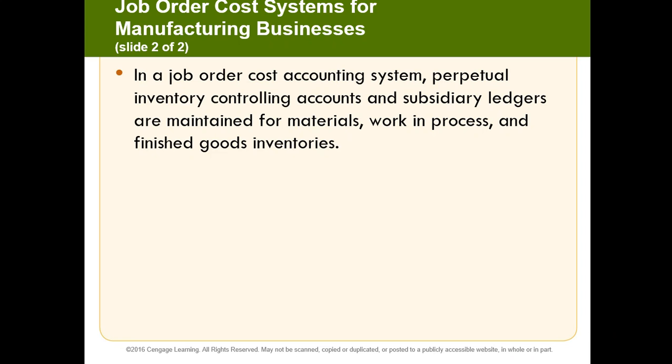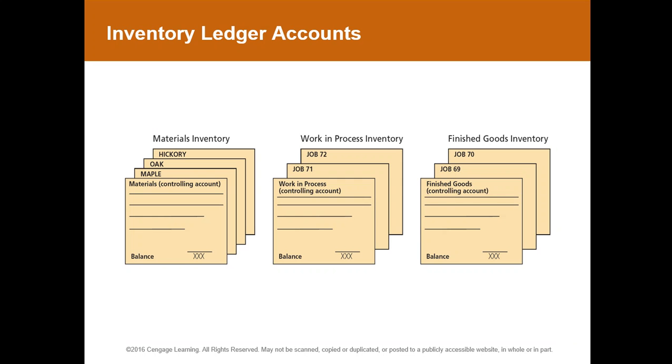In this job order system, we will have subsidiary ledgers for things like our materials, our work in process, and our finished goods inventory. And what I mean by subsidiary ledgers, here's an example. On my balance sheet, I will have raw materials inventory with $2,000 sitting in there as my balance.